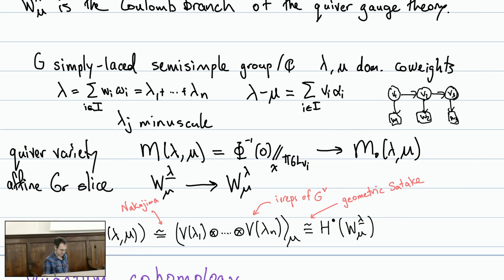That's this projective GIT quotient that I talked about last time. It maps to this affine GIT quotient. So that's my one symplectic resolution coming from quiver varieties. Or I take my affine Grassmannian slice, W lambda mu, and I use the underlined lambdas to produce that convolution variety. And that maps to this affine variety, W lambda mu. So I have my two symplectic resolutions coming from the same data.